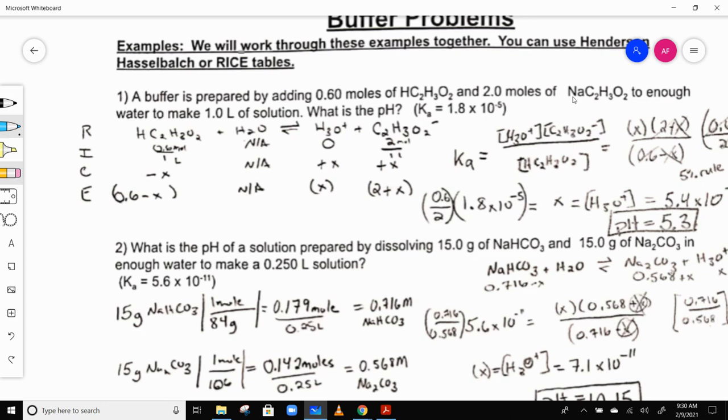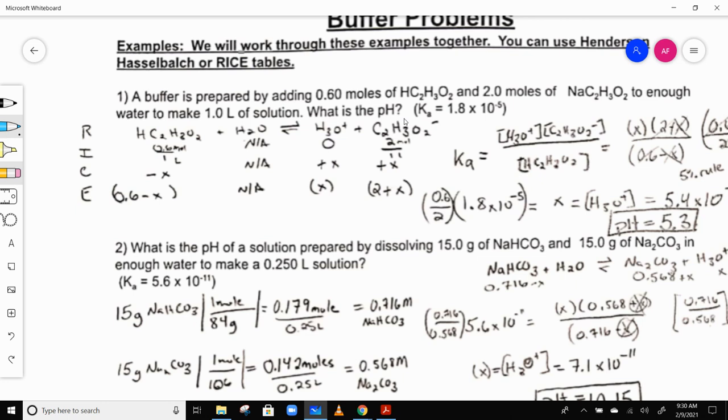Now, sodium acetate is 100% soluble in water, so it's all going to dissociate and break into that acetate ion. So we're going to start with 0.6 moles of this, that's our initial, none of this, and 2 moles of this.